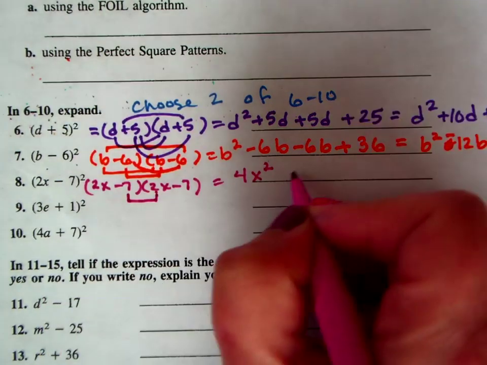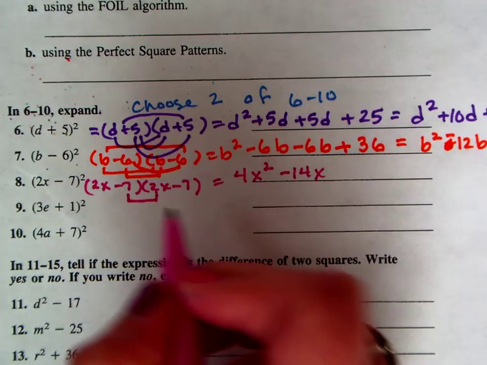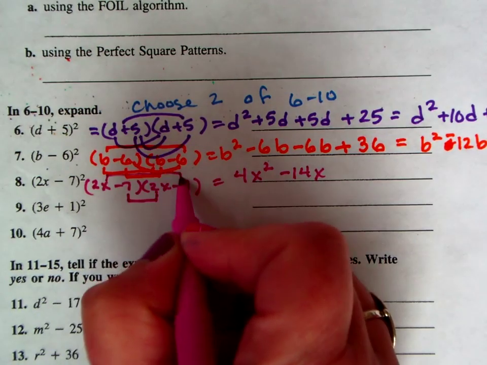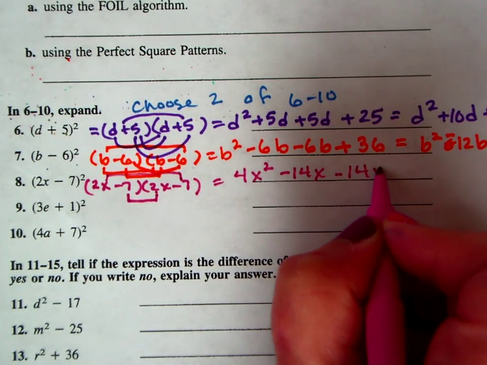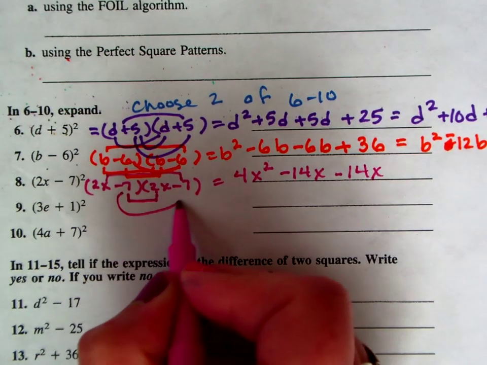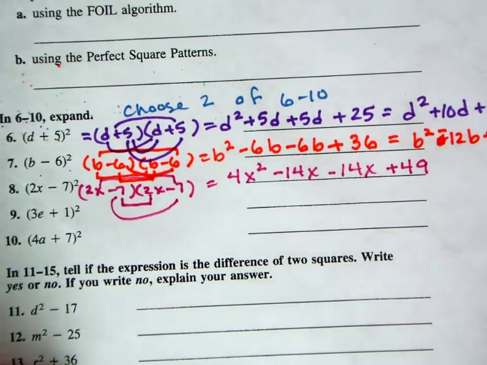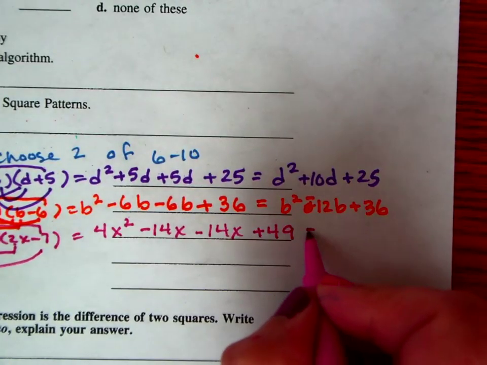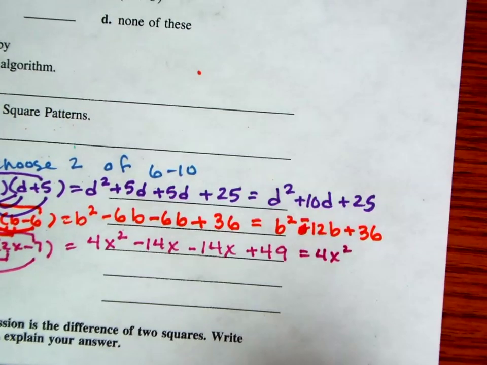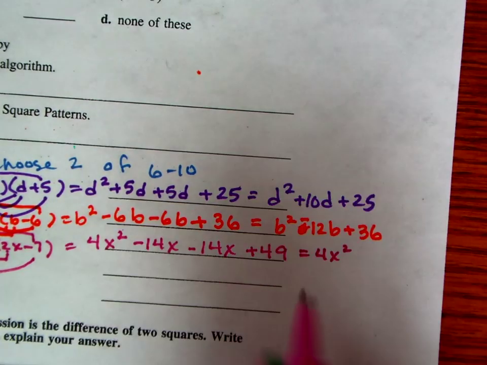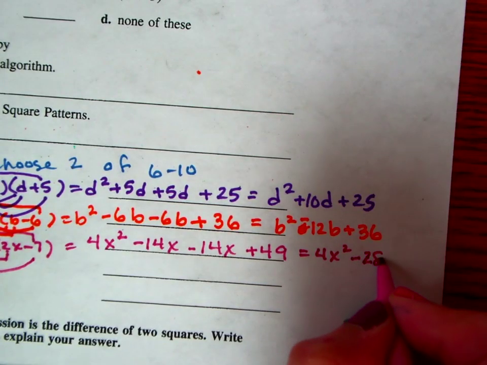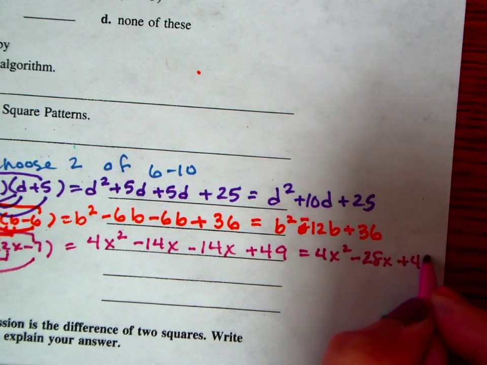Negative 7 times 2 here is minus 14x. This other negative 7 times 2 is also minus 14x. And then the negative 7 times a negative 7 is a positive 49. So this would be 4x squared, a negative plus a negative is a negative, minus 28x plus 49.